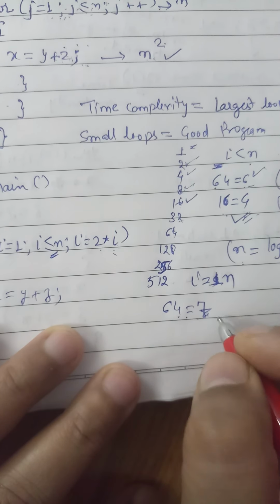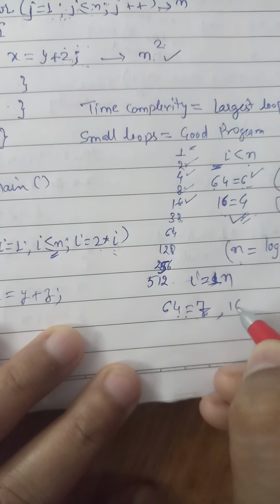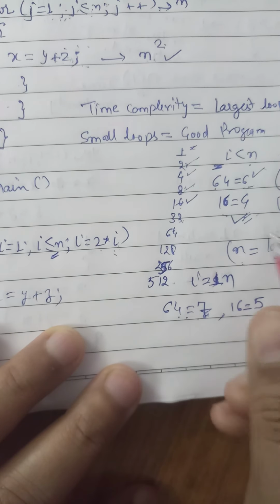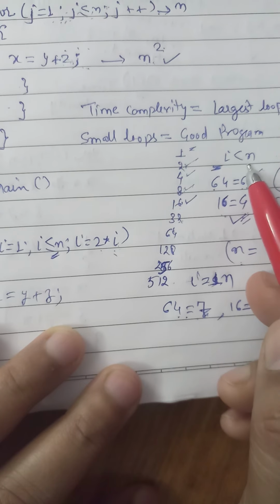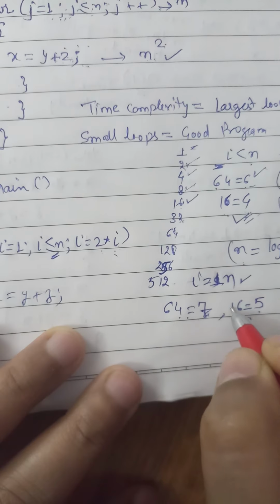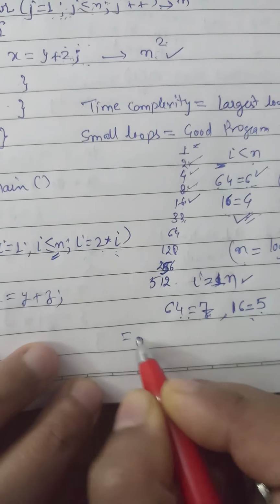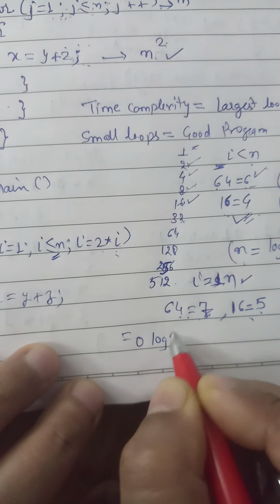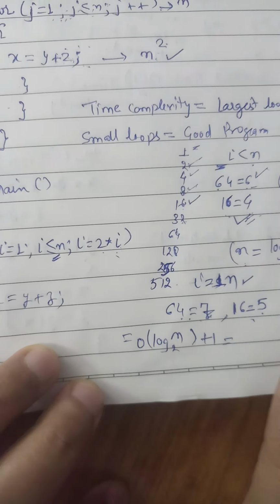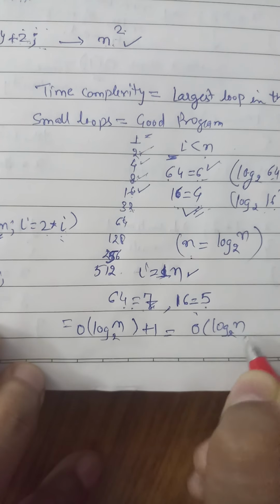In a similar way, 16 will run 5 times, because 4 times it will check the value for I less than n, and one more time it will check I equal to n. So it will run 5 times. So we can simply say the order of log n base 2 plus 1 is also equal to order of log n base 2.